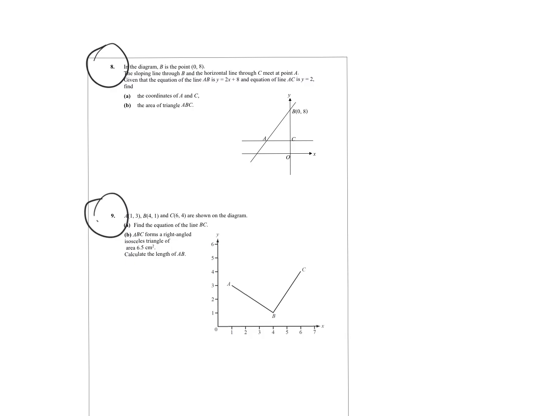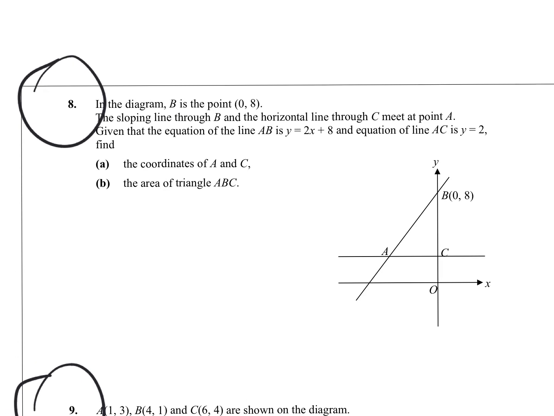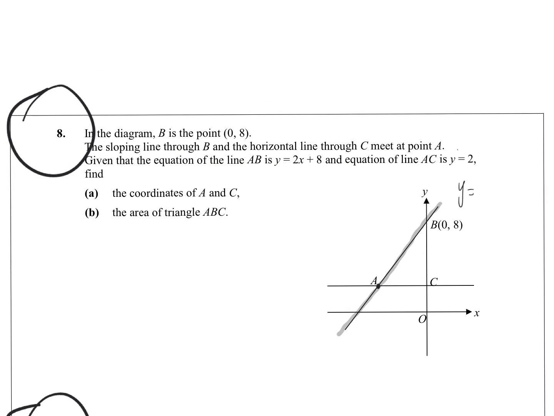Okay, next one, 8. I have a point B which is 0, 8. The sloping line through B and the horizontal line through C meet at point A. Given that the equation of the line AB is y equals to 2x plus 8 and the equation of the line AC is y equals to 2.